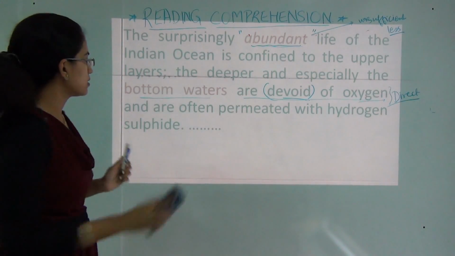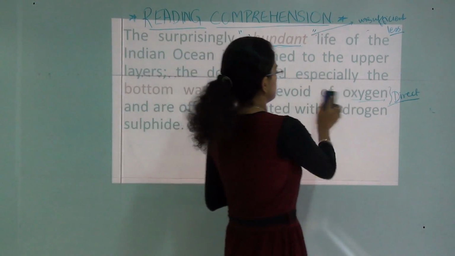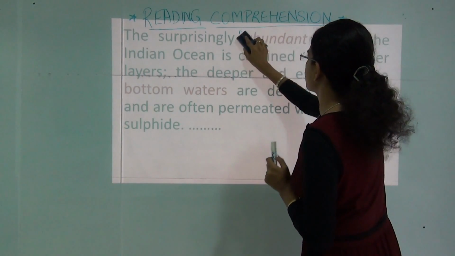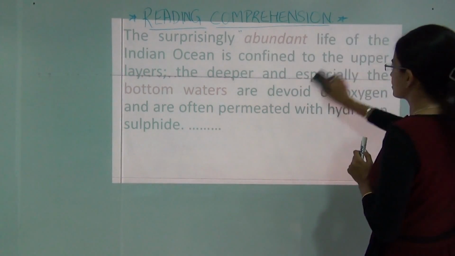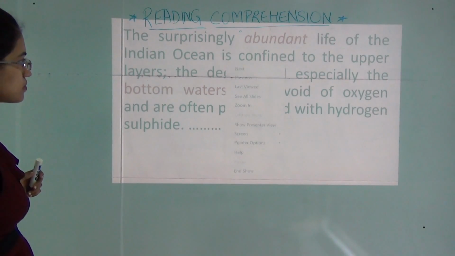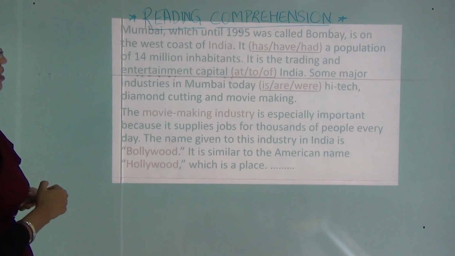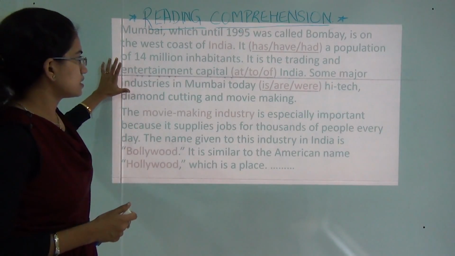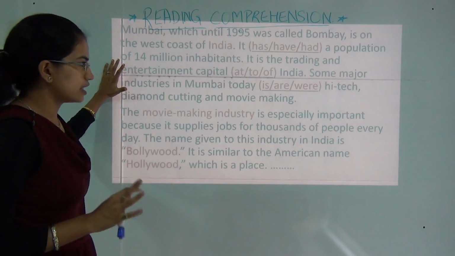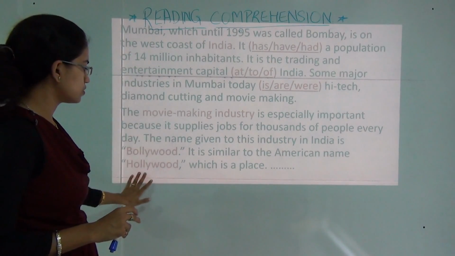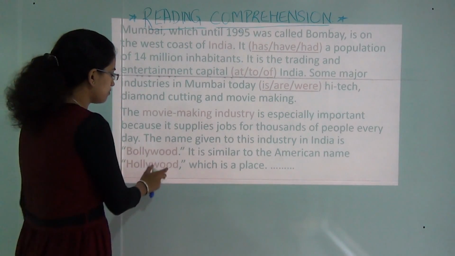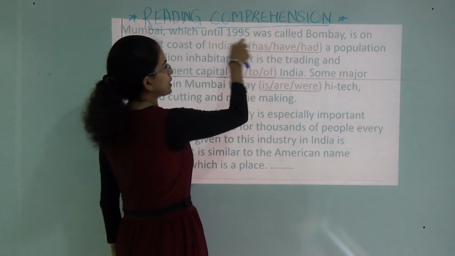Now let's move on to a similar passage where we would again do some quick examples for reading comprehension questions. The next passage is based on the movie industry in Mumbai. In this passage, we are trying to solve two kinds of problems that are asked in reading comprehension passages. First, you have a passage here. Based on the questions given, I have tried to highlight the important set of words.